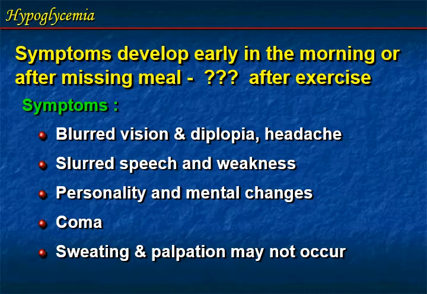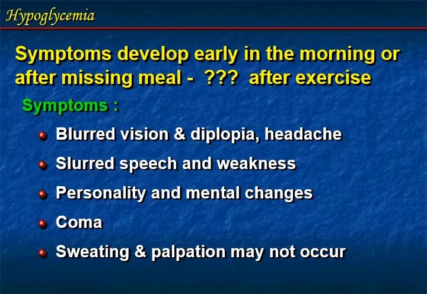The symptoms in insulinoma: blurring of vision, diplopia, seeing double, headache, slurred speech and weakness, personality and mental changes, cognitive changes, coma. But the most important part here is that sweating and palpitation may not occur.